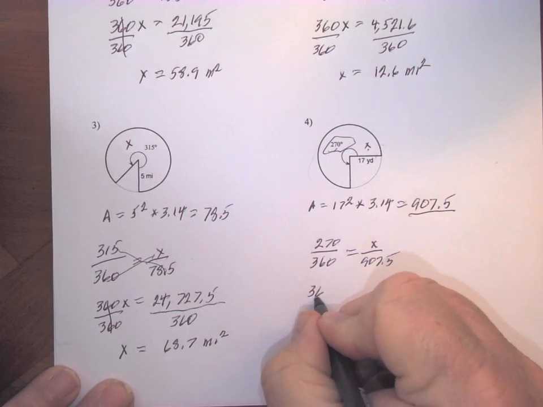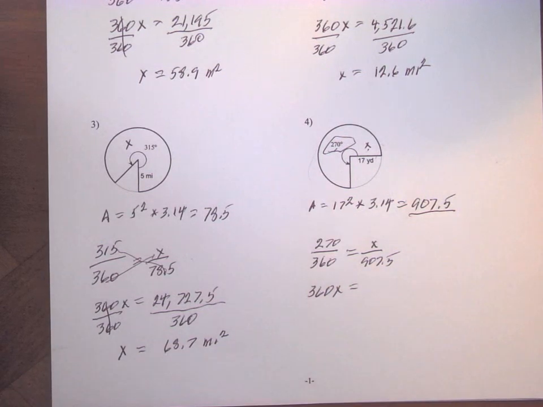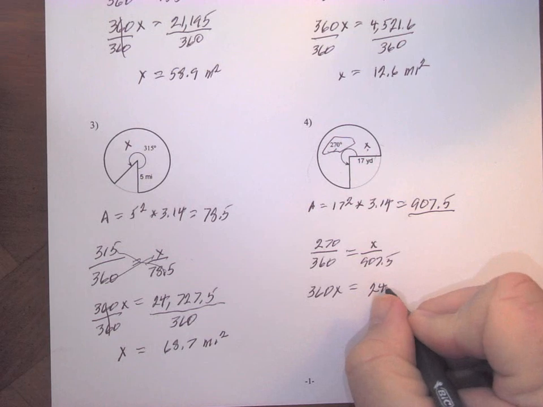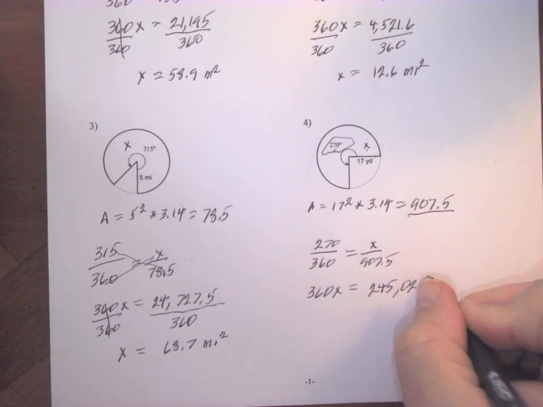We get 360x is equal to 907.5 times the central angle, which is 270. Oh, that's a big number. I better double check that one. It is equal to 245,025.